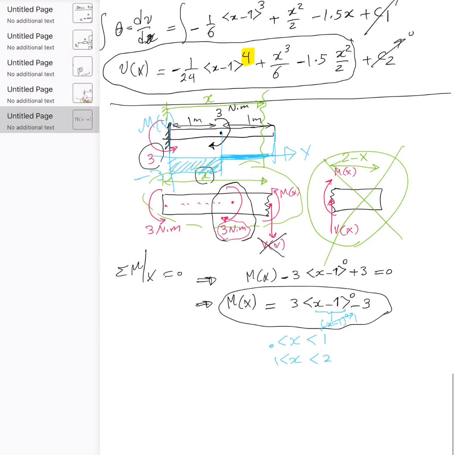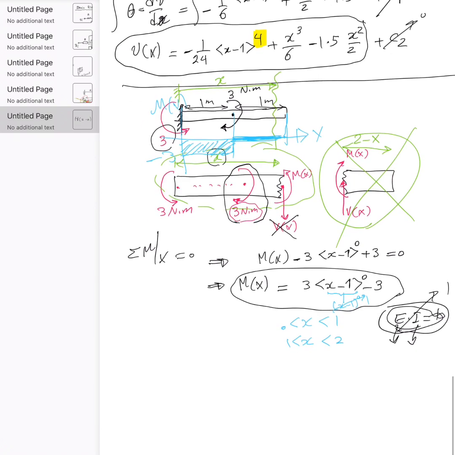Okay? Now let's find the equation of the deflected curve. Again, assume E times I is 1. Because the I, you can easily use the method of vector statics to find the moment of inertia. You can easily get E, the modulus of elasticity, from a table depending on the type of material, and then you can compute this. It's just a constant, just take it as 1. That's not the point in this example. So if you have this relation, the second derivative of deflection is equal to m of x over EI.